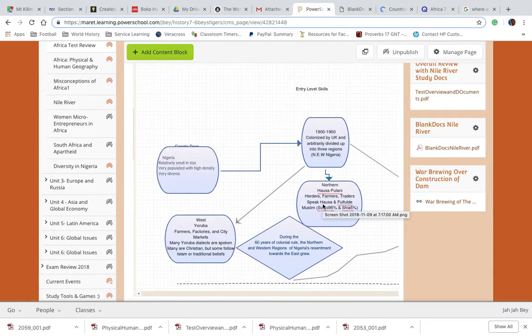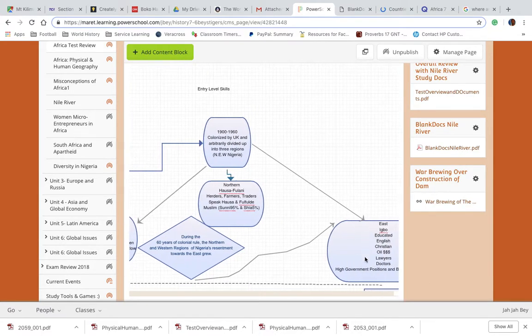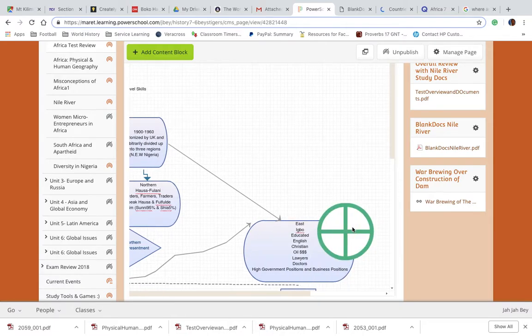Meanwhile, in the North, the Muslims were herders, farmers, traders, etc. In the West, they farmed, worked in factories in the city, markets, and they developed Christianity. They also practiced Islam and had their own traditional beliefs. Because of these advantages that were developed in the East, you're looking at the North and the West during the 60 years of colonial rule. What happens? The resentment towards the East grew. Let's put a target on them.